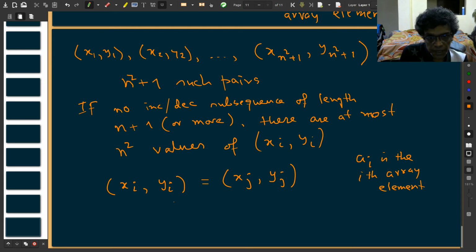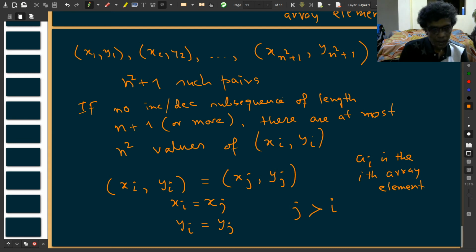So this means xi equal to xj and yi equal to yj. And this is some sequence which ends at ai. This is also some sequence which ends at aj. And let's assume that j is greater than i.